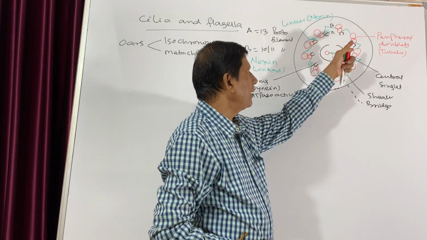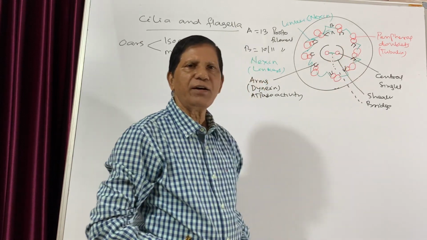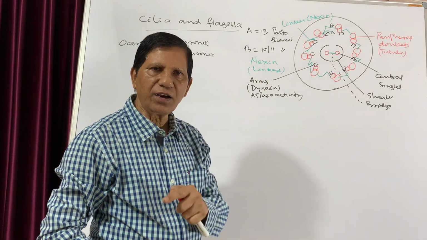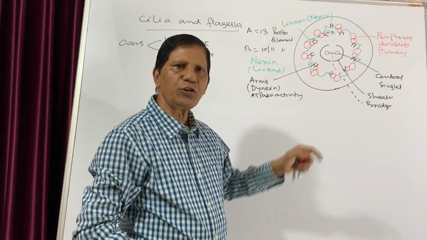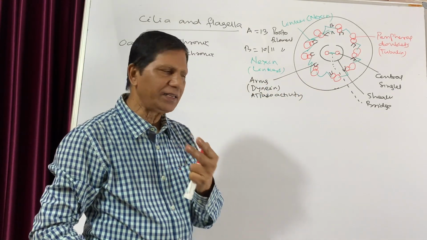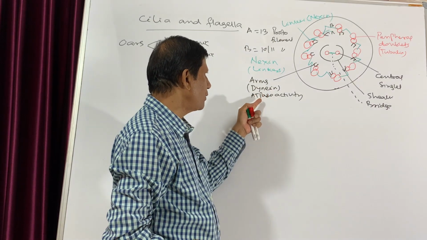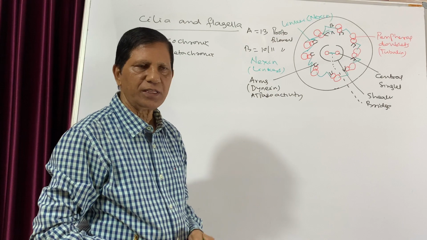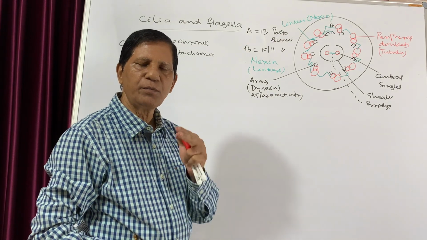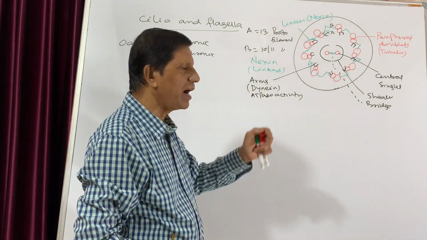Then the B of one is connected with the A of another by a linker made of the protein nexin. And in the A of each microtubule there are 2 arms made of the protein dynein, which functions like a motor because it has ATPase activity. That means there are 3 types of proteins in cilia and flagella.